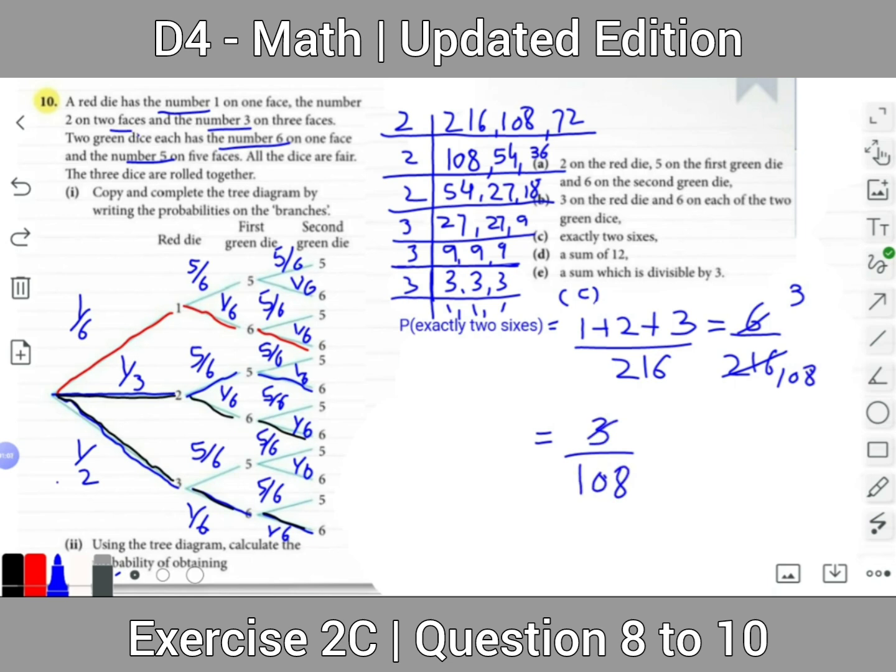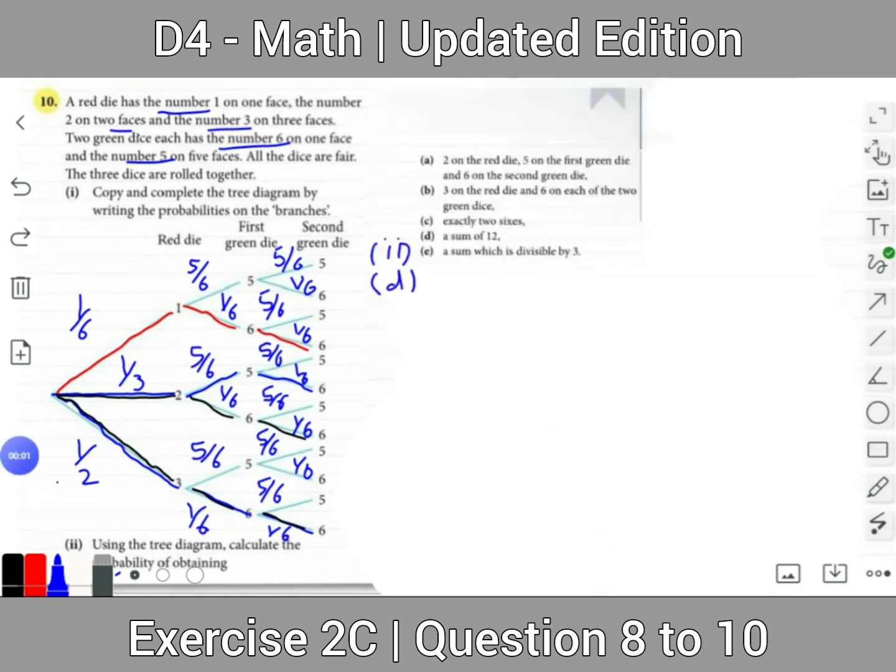After further simplification we will get 1 over 36. So the probability that exactly 2 sixes is equal to 1 over 36.